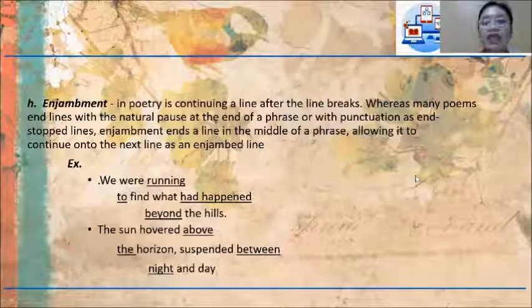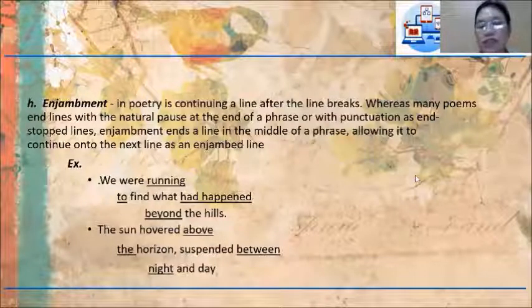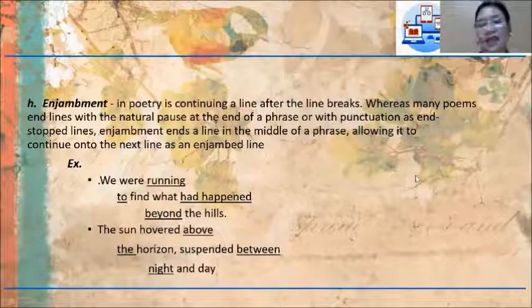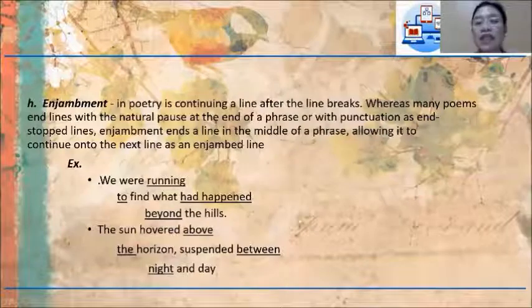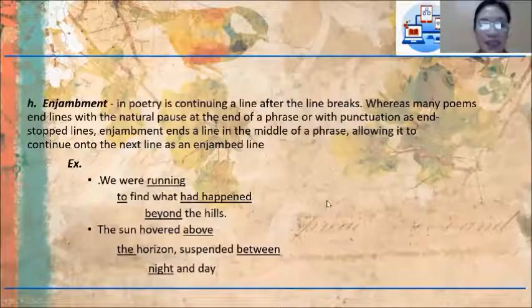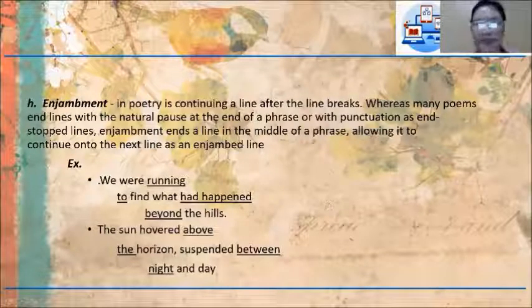The sun hovered above the horizon, suspended between night and day. So this is enjambment in poetry. Those are the commonly used devices in poetry.